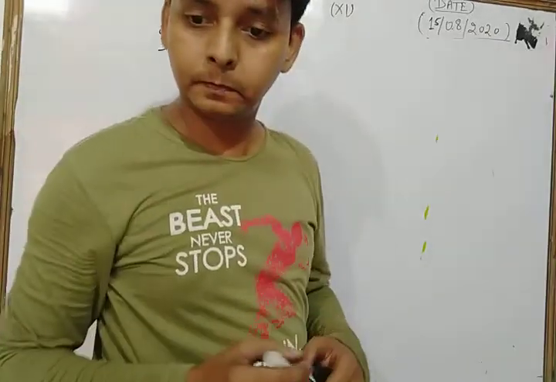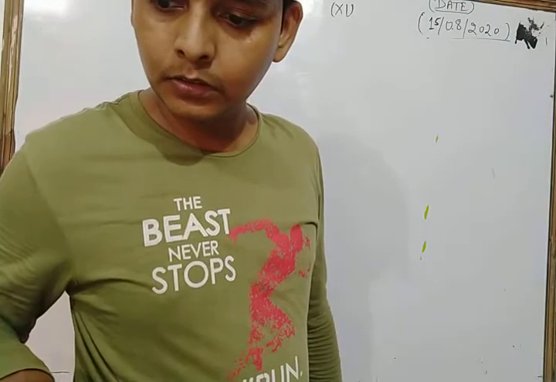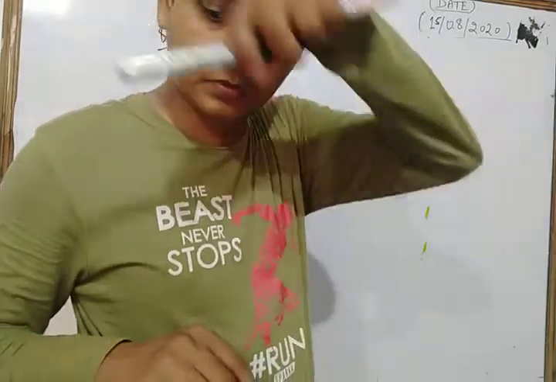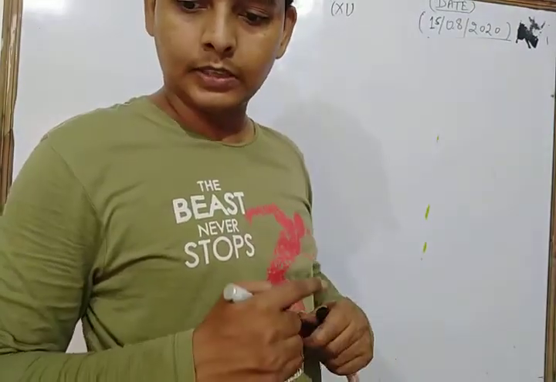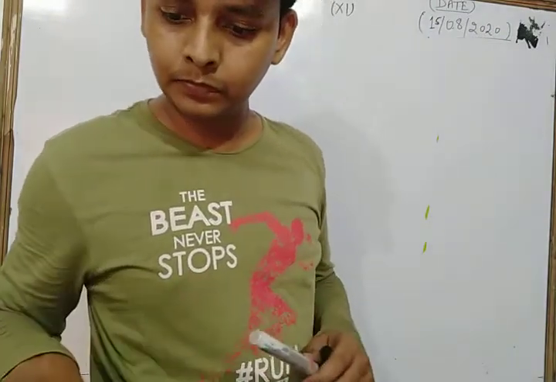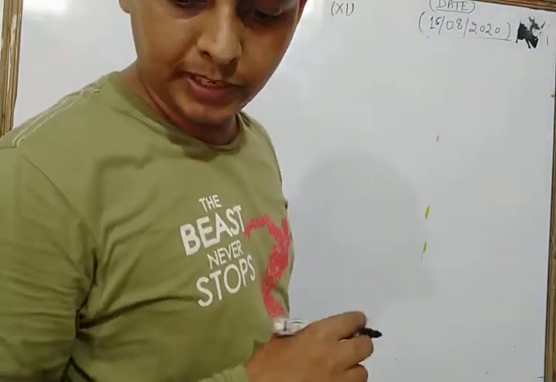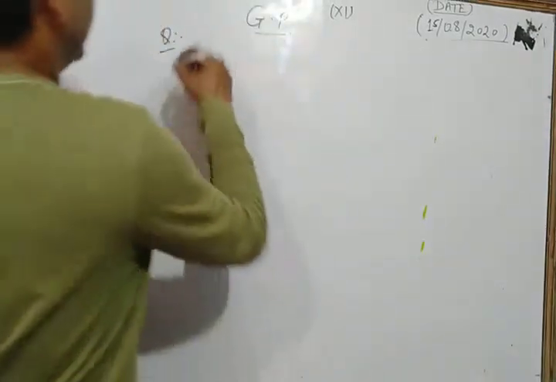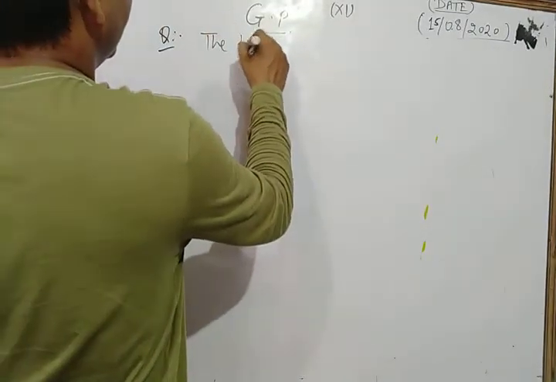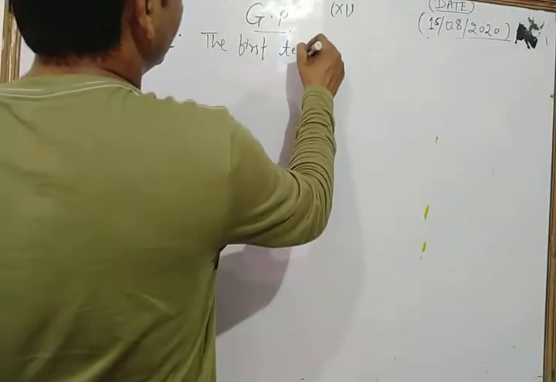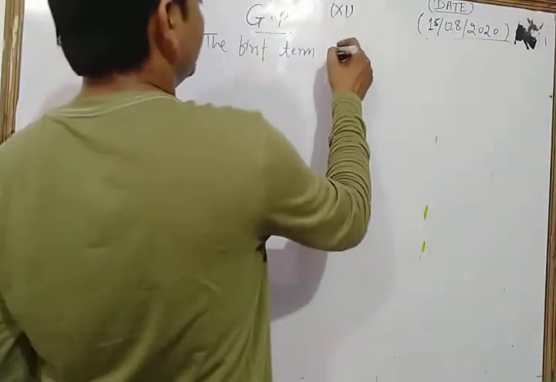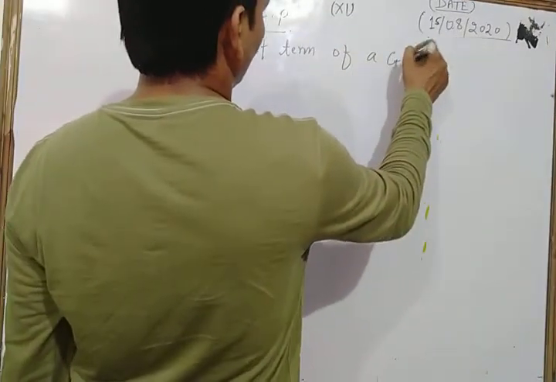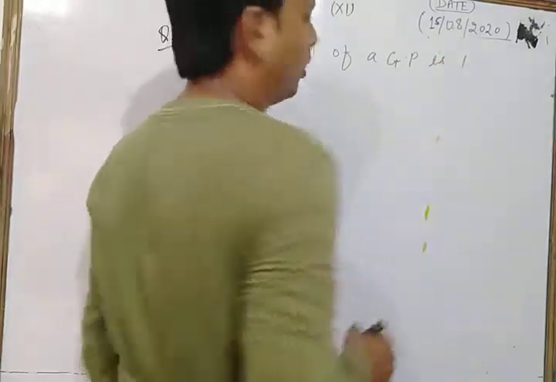We take the next question. The question is: the first term of a GP is 1.